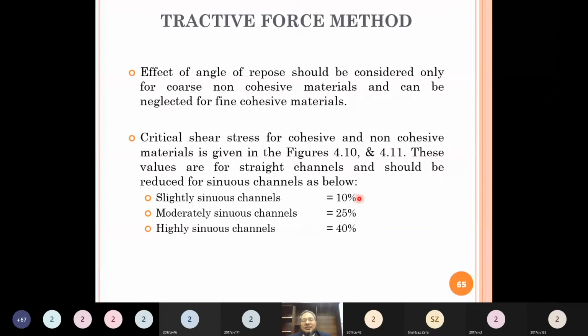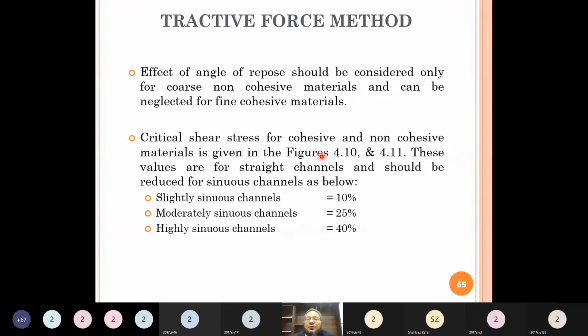Slightly sinuous, it must be reduced by 10%. Moderately sinuous, it should be reduced by 25%. Highly sinuous channels, it should be reduced by 40%. It means whatever value we see from that figure, we will use 0.6 times that value.